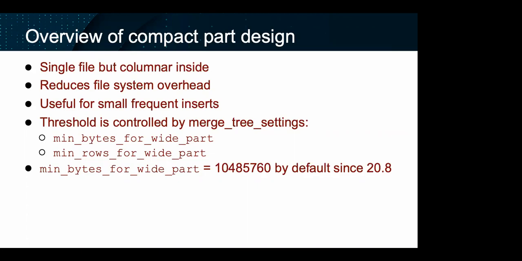ClickHouse always writes a lot of data to its system tables, and that was a proof from the ClickHouse perspective that this feature is stable. Since ClickHouse version 20.8, this is enabled by default. So by default, right now, all parts that are below 10 megabytes in size are stored in a compact form. So you don't need to configure anything.